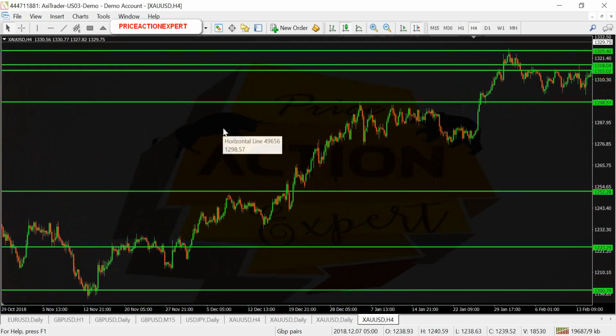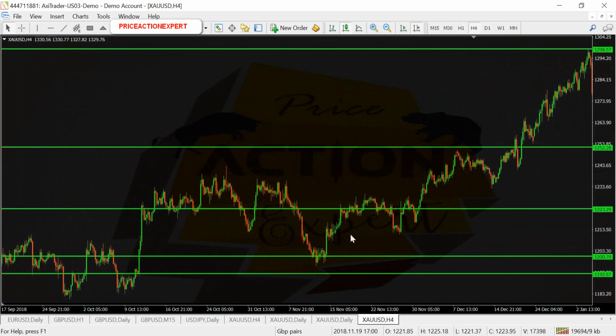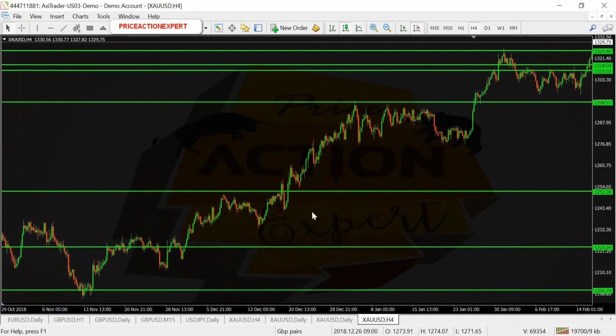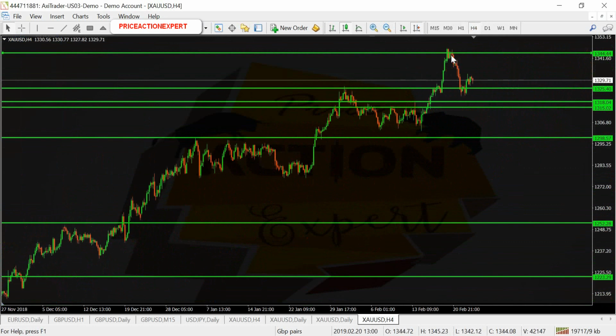See, you can see the market, it's very beautiful. Price reacts at each and every closing price. Here, when it breaks, it goes up again. It tests again, and once it touches here, it's holding here.